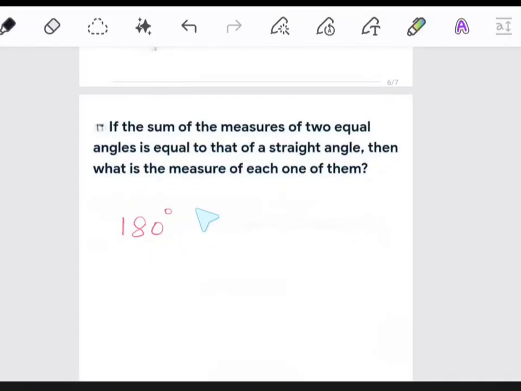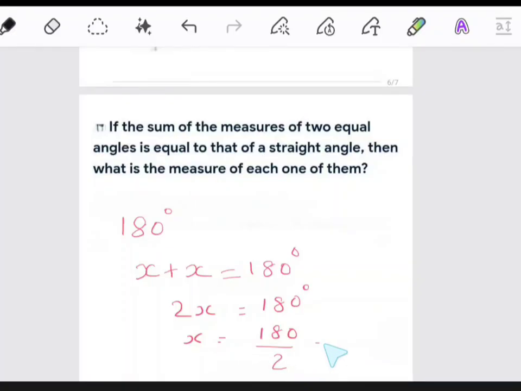Since there are 2 equal angles that add up to a straight angle, we can write the equation x plus x is 180 degrees. 2x is 180. x is 180 divided by 2, that is 90 degrees.